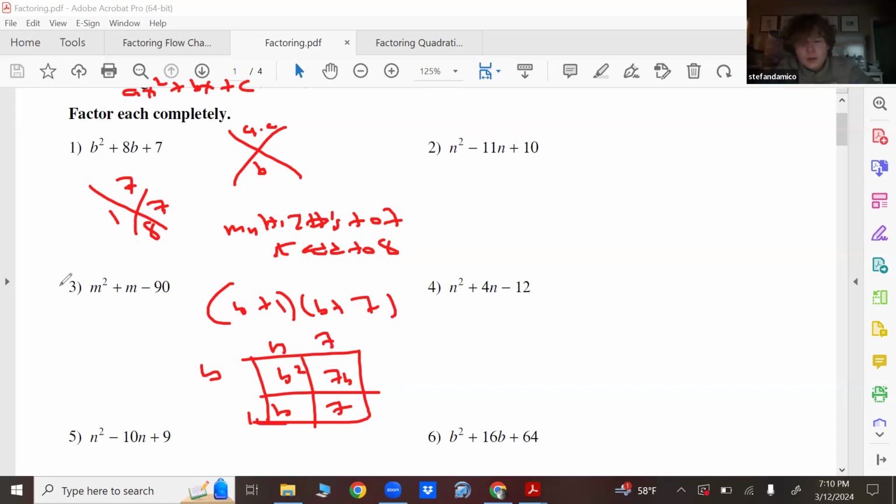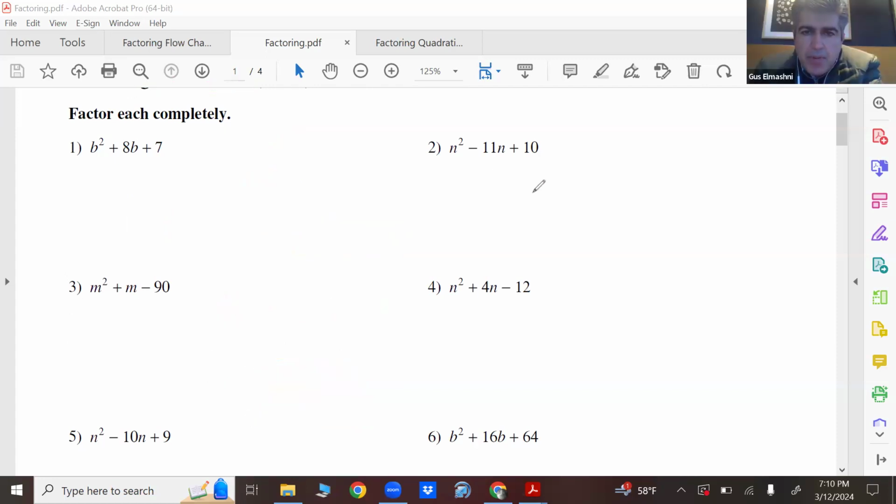Sometimes some people will do the box as well. For example, for number 2, they'll put n squared in here and 10. You've got to find two numbers that multiply to 10 and add to -11.